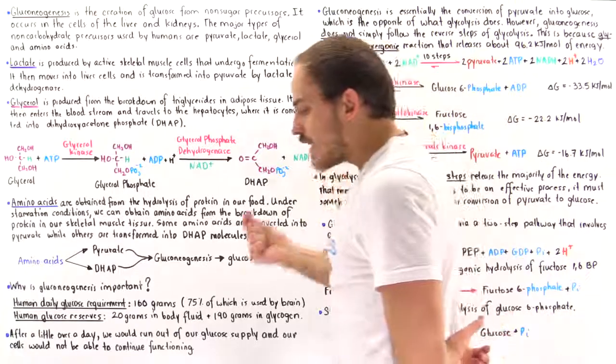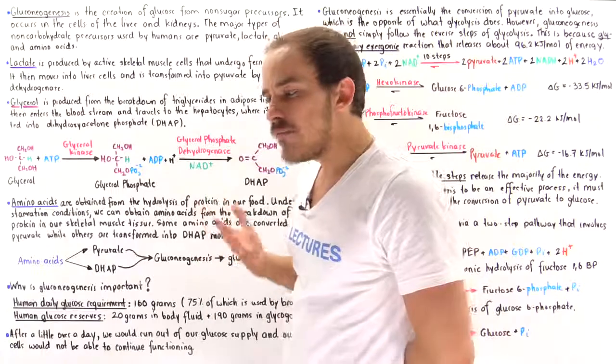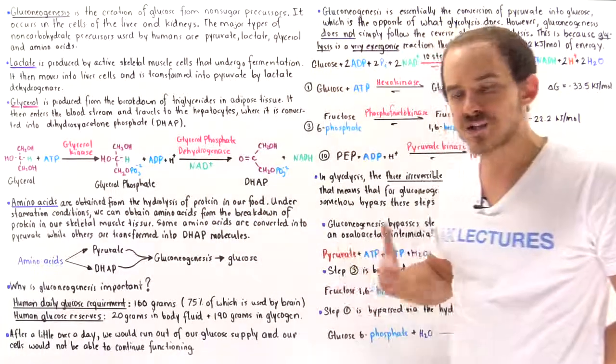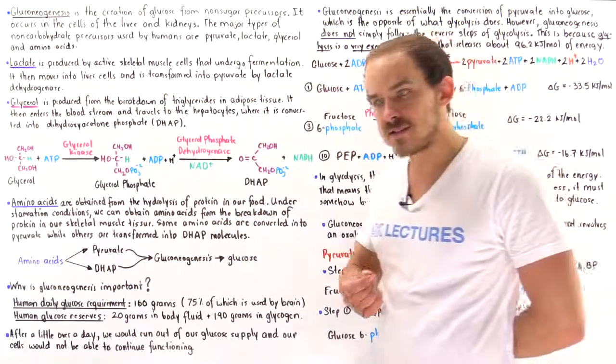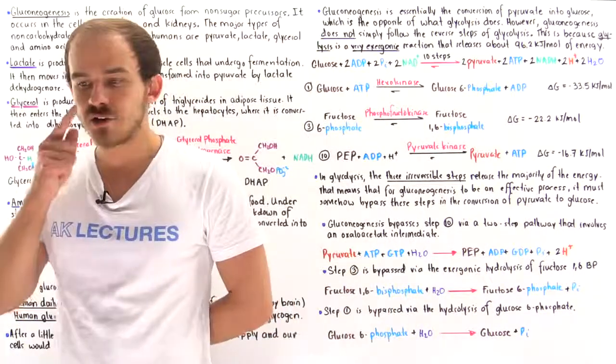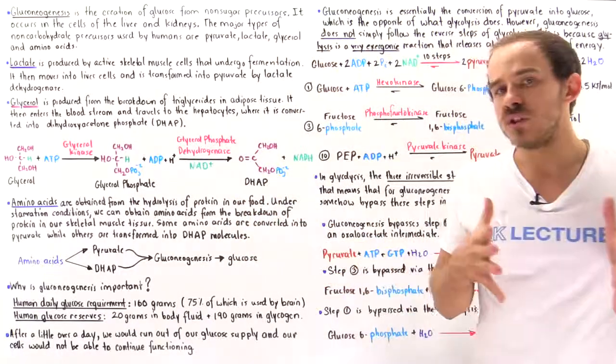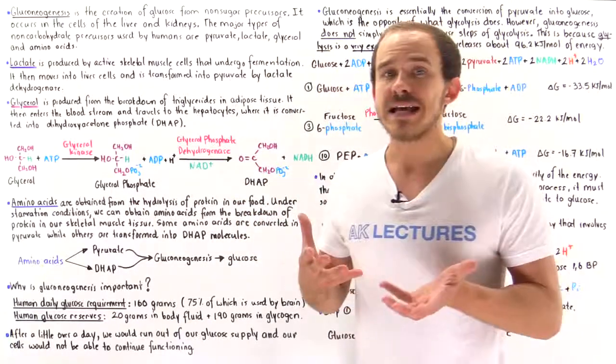Now, we know that glycolysis takes place in 10 steps. And actually, 7 of these steps are not very exergonic. In fact, in some cases, the individual steps actually require an input of energy. And 7 of these steps are actually at equilibrium, or very close to being at equilibrium.